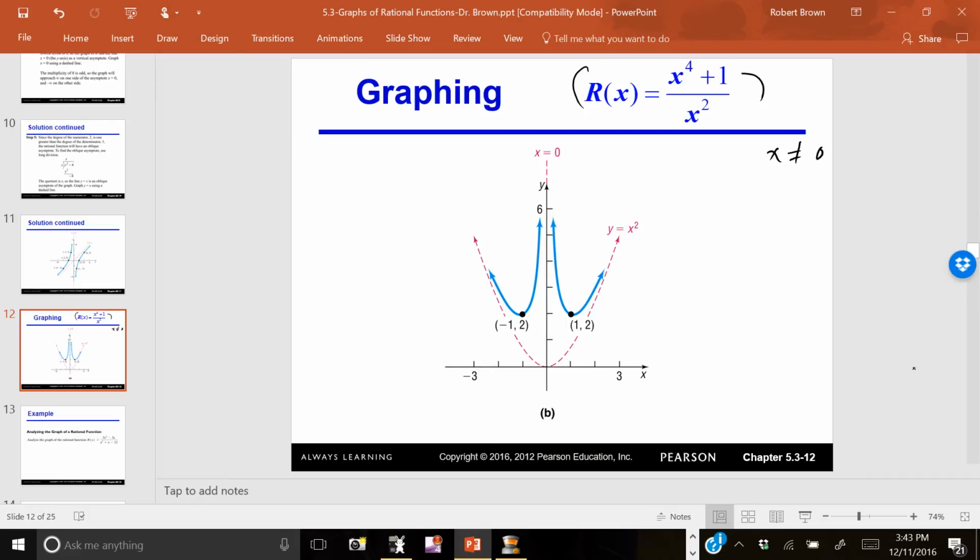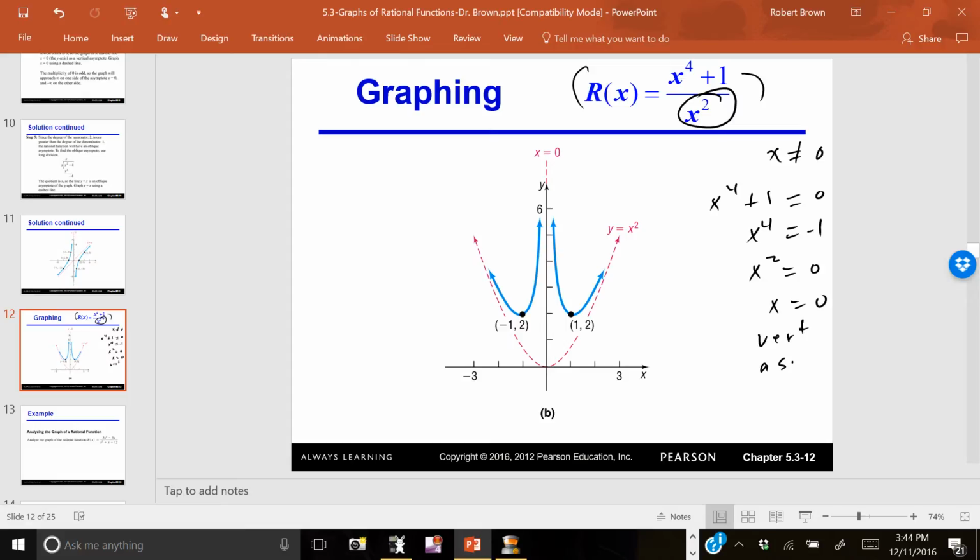And the numerator x to the 4th plus 1 equals 0 has no real solutions, so there are no real x-intercepts. There are, however, x squared equals 0 at x equals 0, so there's a vertical asymptote at x equals 0.